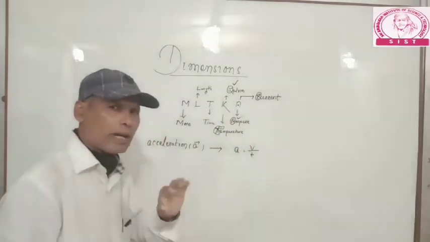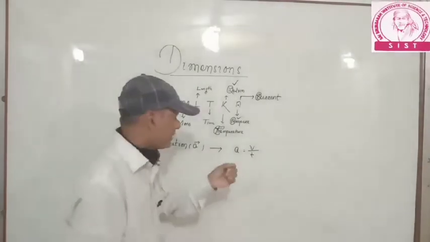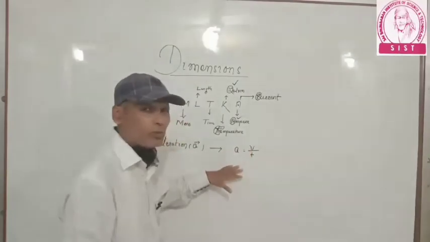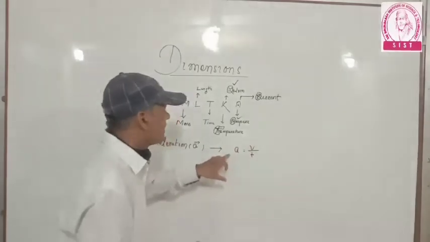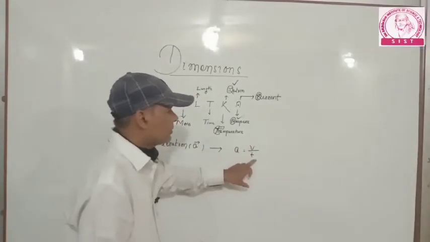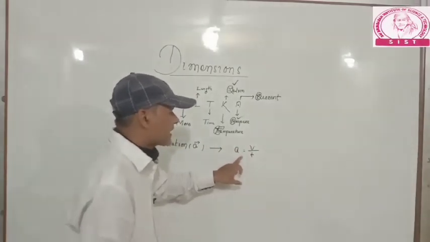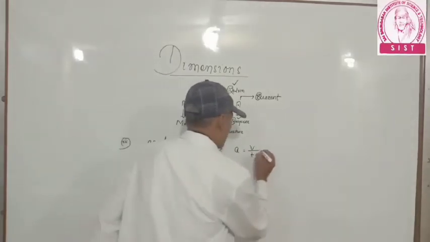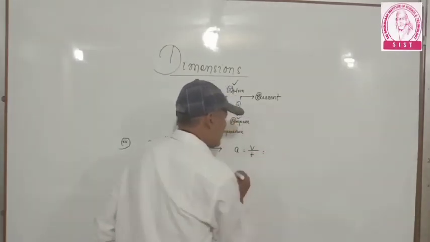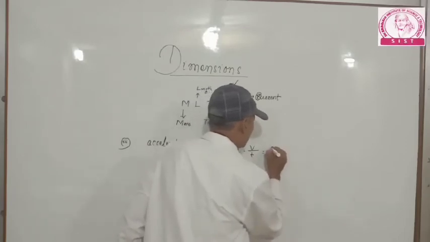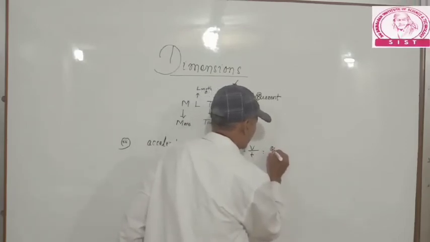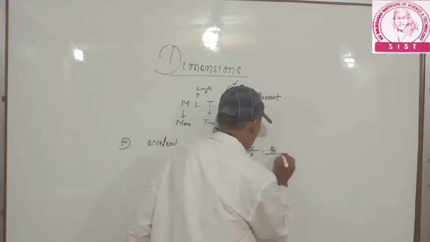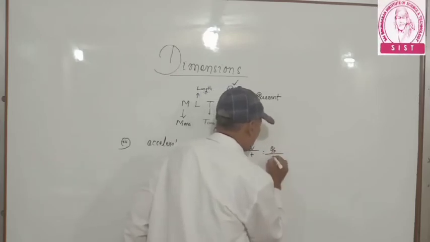You shouldn't take the arrow sign; it is not necessary always to take the arrow sign. So A is equal to velocity by time. That means acceleration is equal to velocity by time. You split again. This is equal to, what is velocity? S by T, by the time, again you write time.